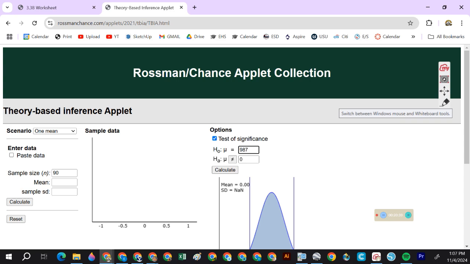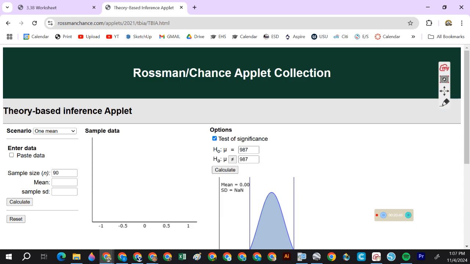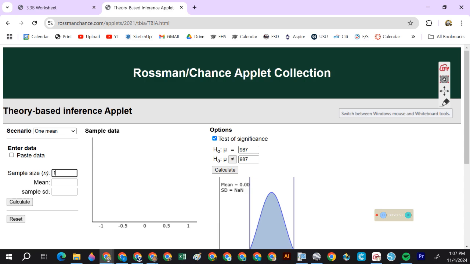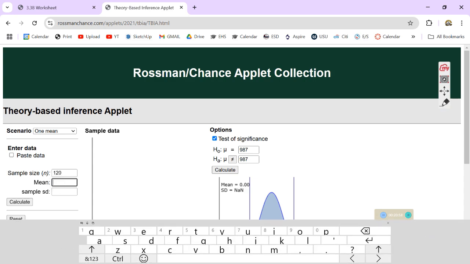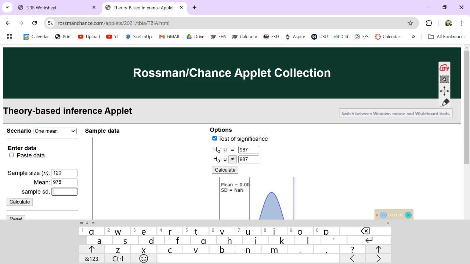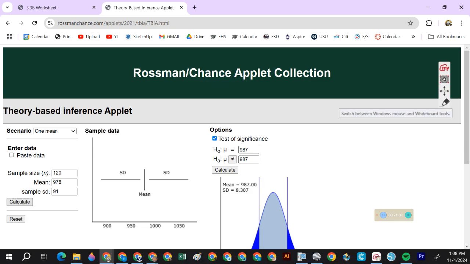Okay, and then is this one-tailed or two-tailed? It doesn't say. Okay, so we'll do not equal to. My sample size is 120, and the average of my sample is 978, and my sample SD is 91. Okay.